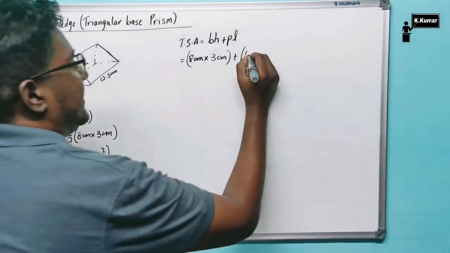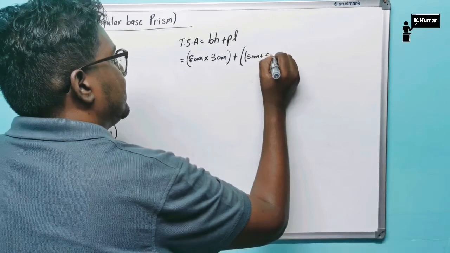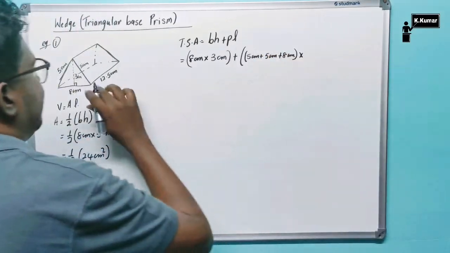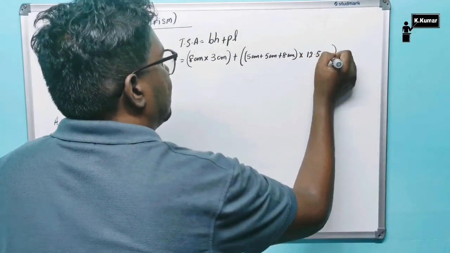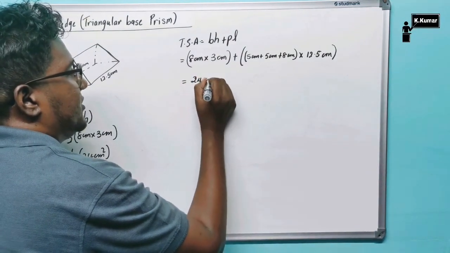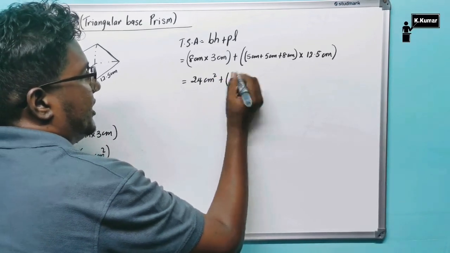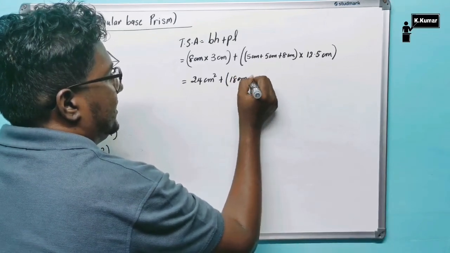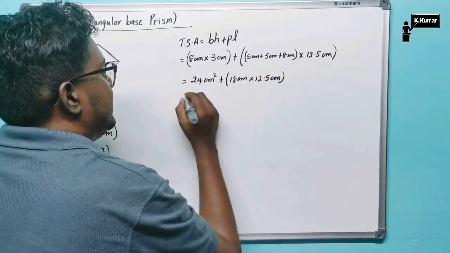That's going to be 5 cm plus 5 cm plus 8 cm, and that is being multiplied by the length, which is 12.5. Good. So 8 3's is going to give me 24 cm squared plus, here now I have 5 and 5, 10 and 8, 18 cm multiplied by 12.5 cm.